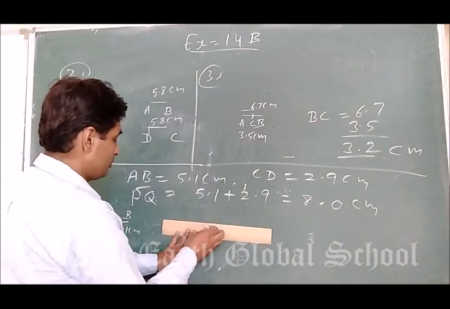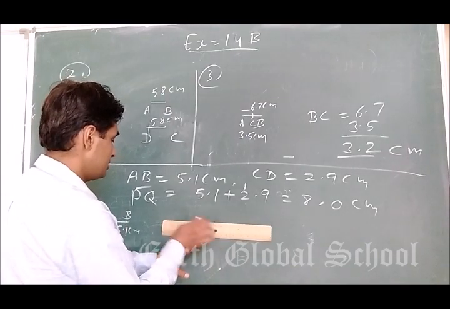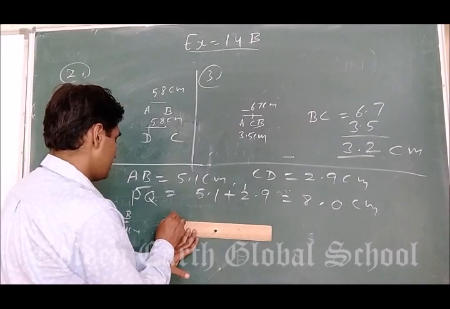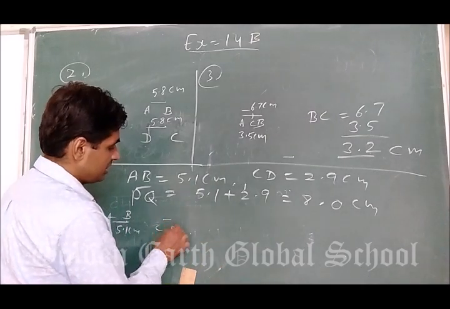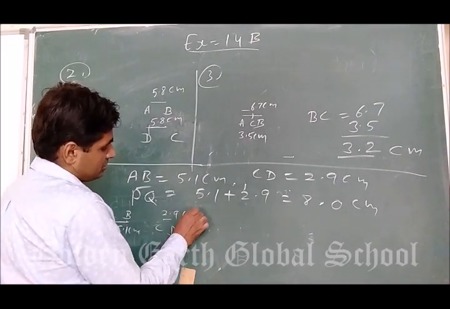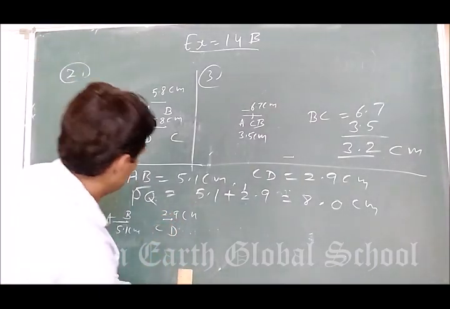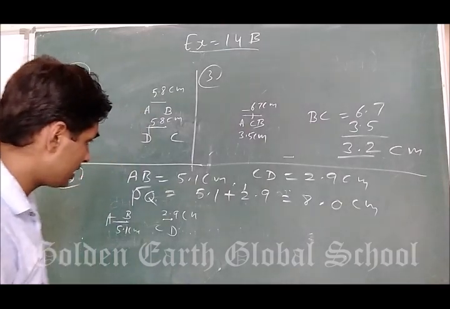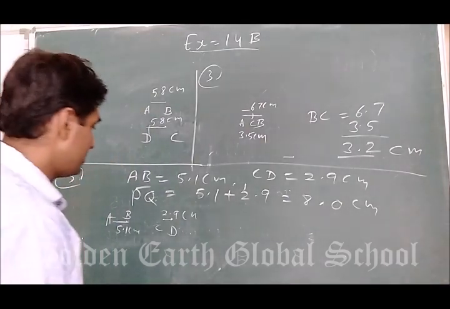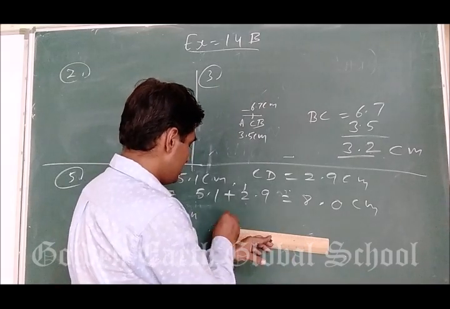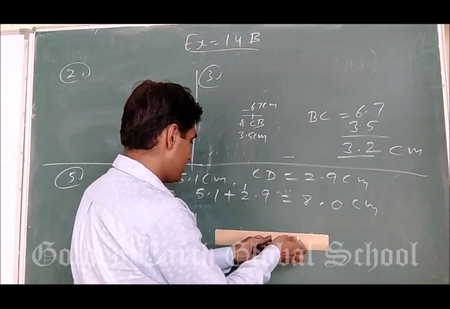Okay, CD is a 2.9. Okay, so this is CD. Okay, so in blackboard it is very small. Okay, so take care carefully. After that PQ is 8 centimeter. So you have to add. Now look carefully.